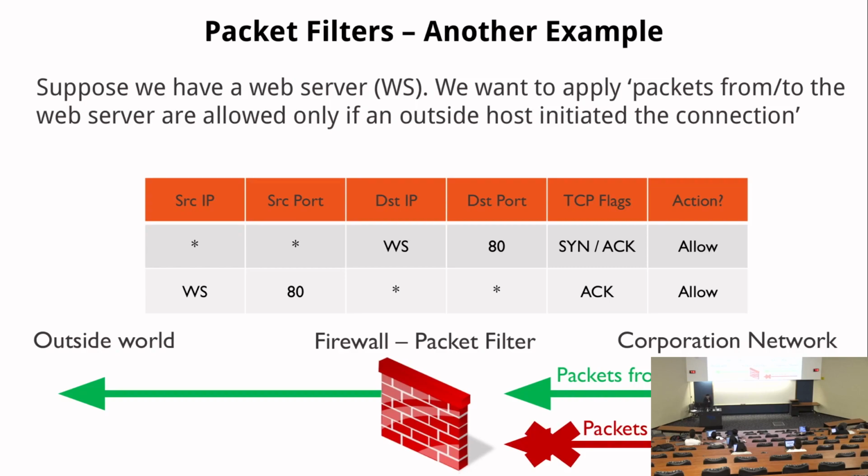Then for outgoing packets, the source has to be our web server. The destination can be anyone, but it must be an ACK packet, so it cannot be a SYN packet itself. This means if the website tries to initiate a connection, the firewall will block that.